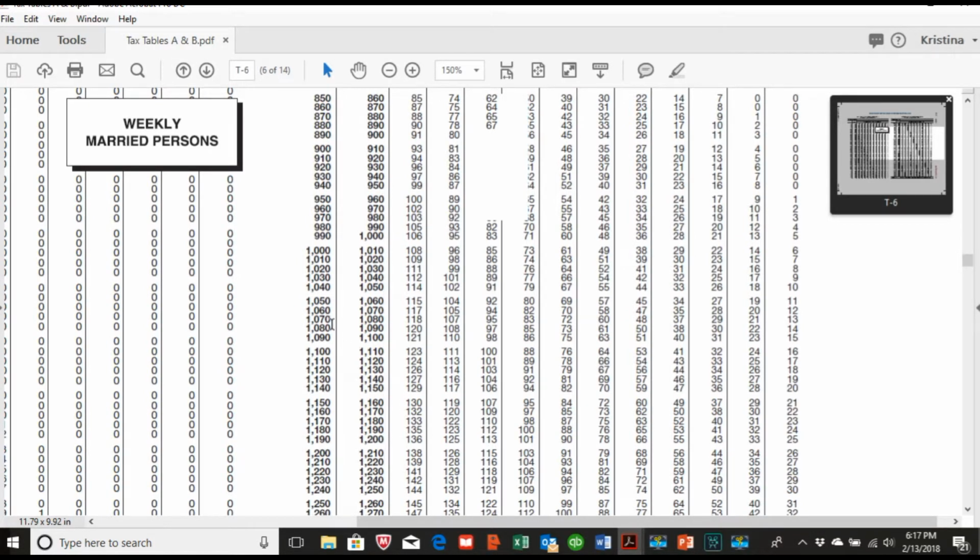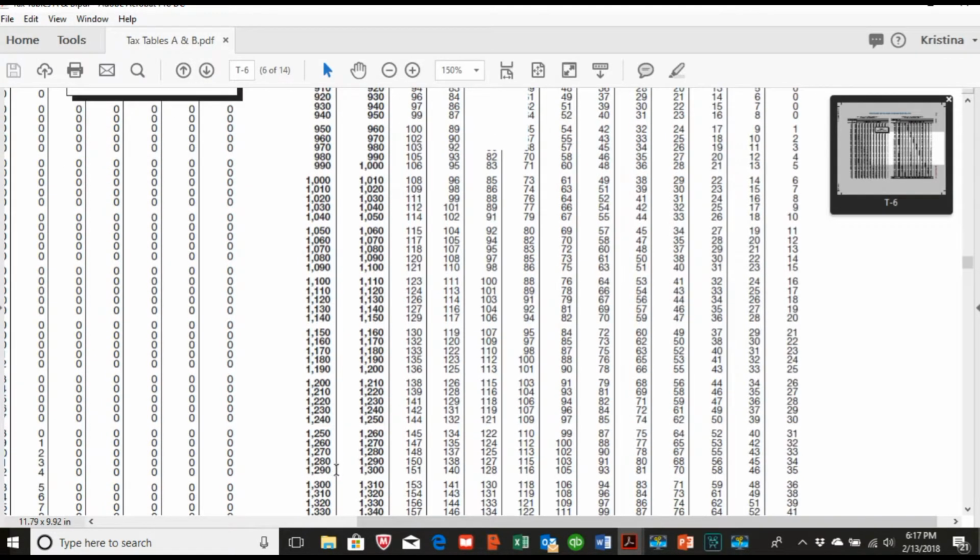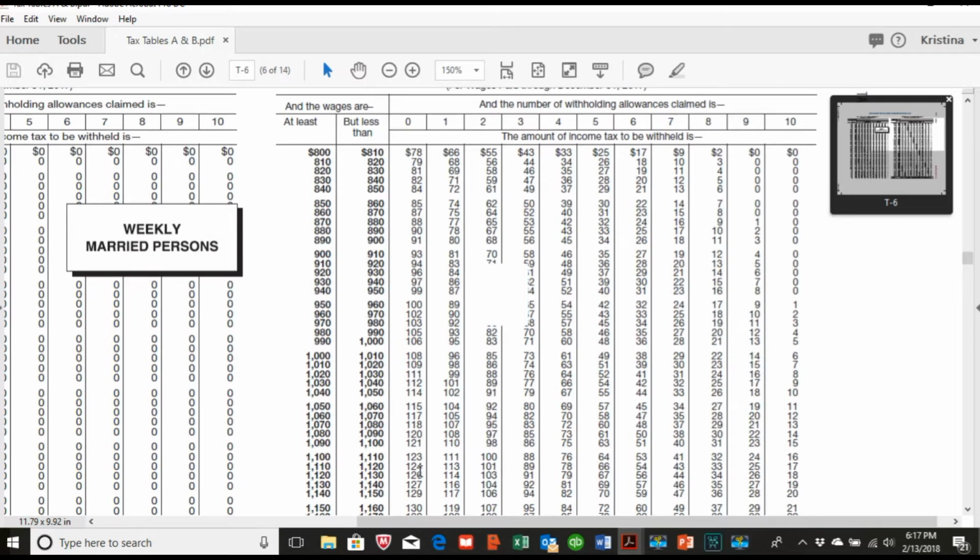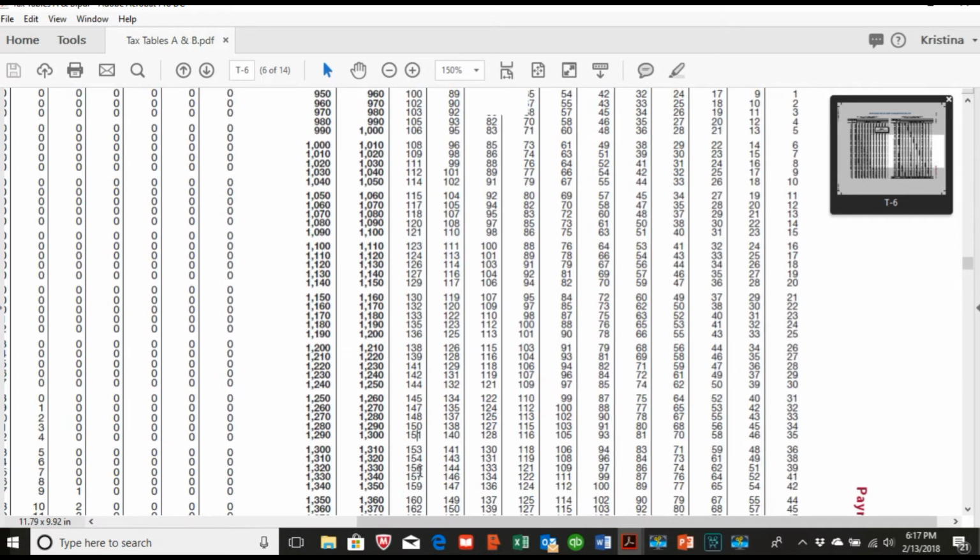So $12.90 is right here, and he is at 1, which is the second column after there.